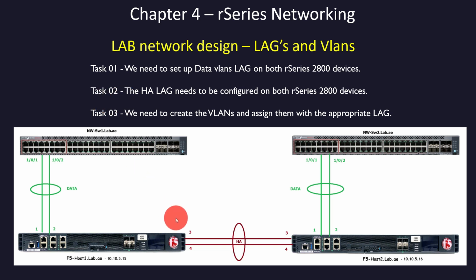Task 2: we also need to set up the HA LAG on both rSeries 2800 devices. Task 3: we need to create the VLANs and assign them to the appropriate LAG. Alright, let us discuss all 3 tasks in more detail.